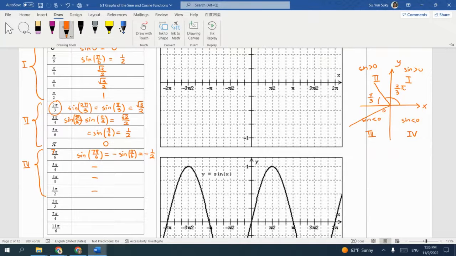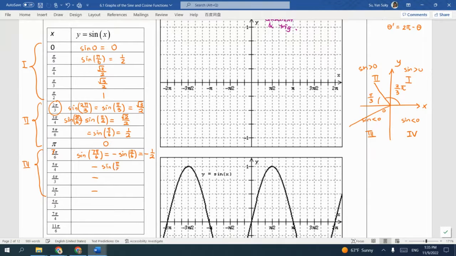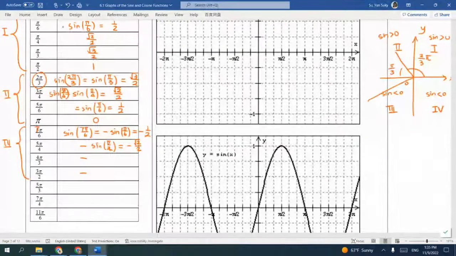Pi over 4. So therefore, sine of 5 pi over 4 is negative sine pi over 4, which is negative root 2 over 2. How about 4 pi over 3? What's the reference angle? Pi over 3, yes? Because 4 pi over 3 minus pi is pi over 3.